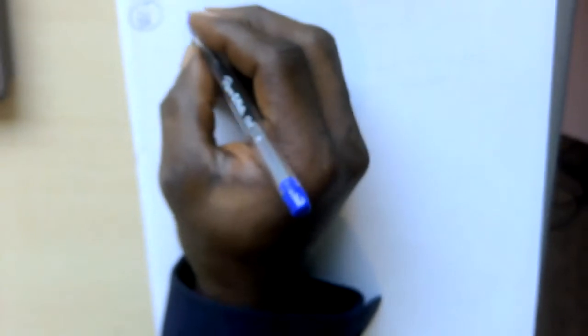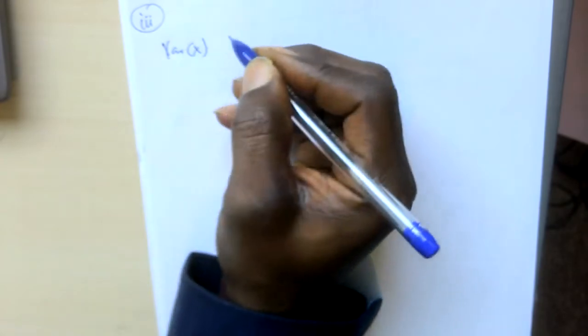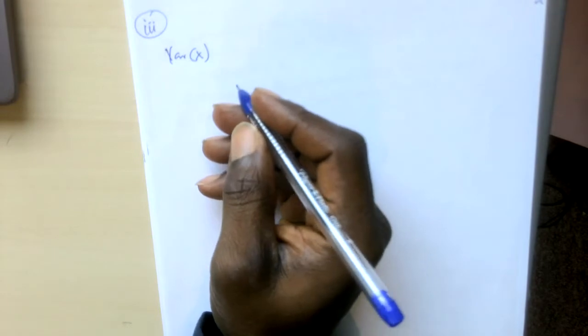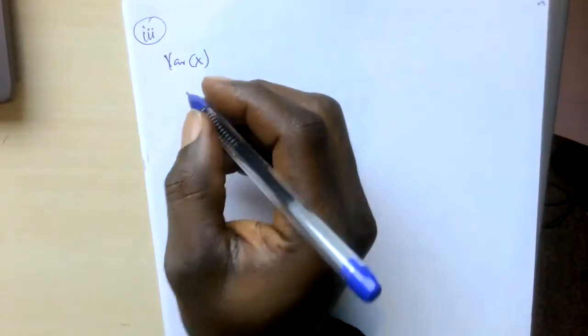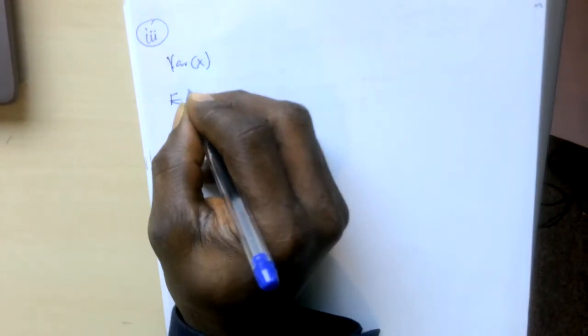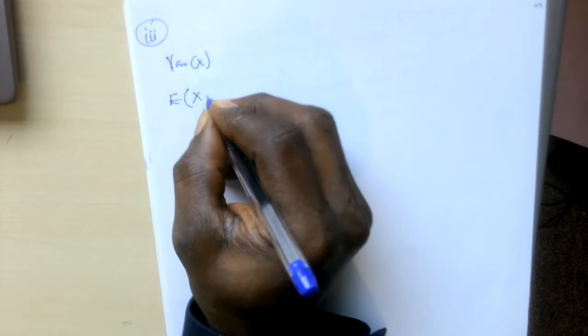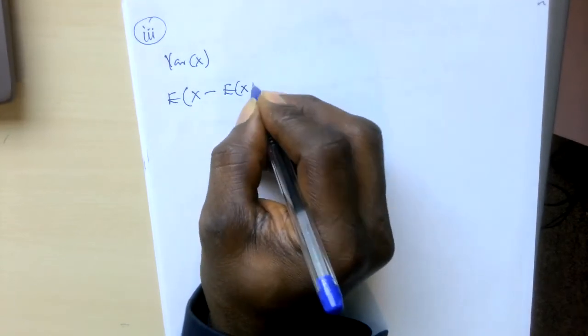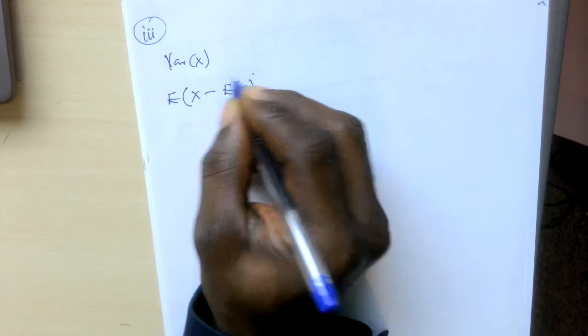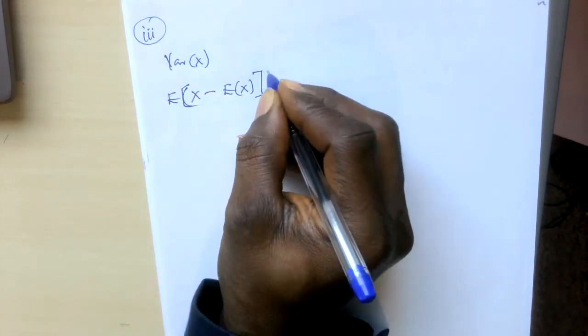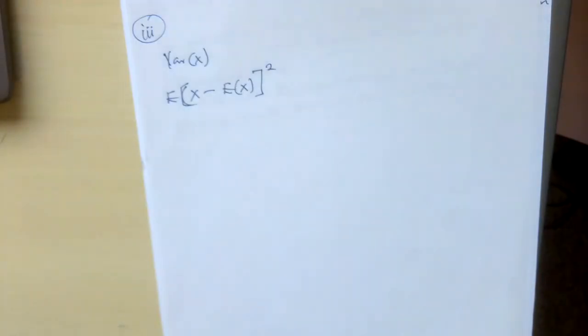So to prove that, what's the variance of x? Start from the left side as well. Of course, the variance of x can be expressed as the expected value of x minus the expected value of x, all squared, right? All squared.